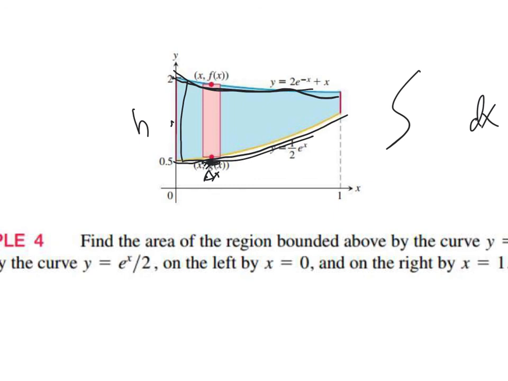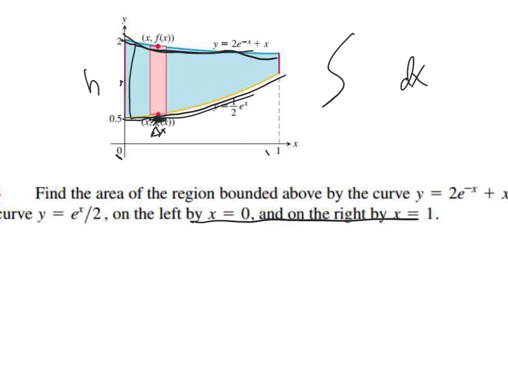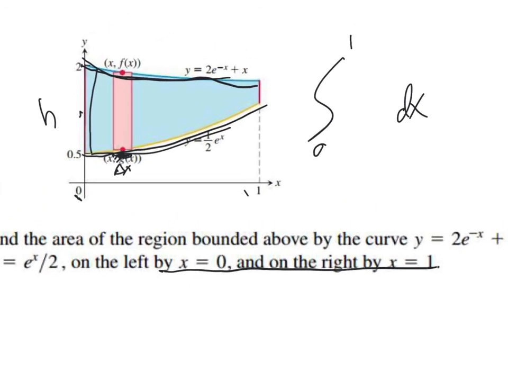So we're looking from 0 to 1, apparently. And you have to identify the top function. If they don't graph it for you, you'd have to graph it first to see which one's on top all the time.